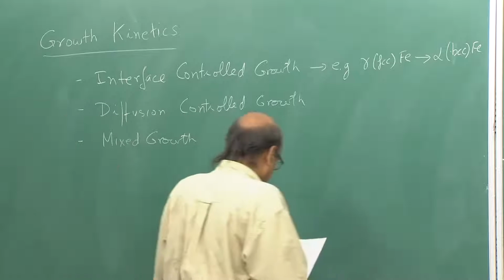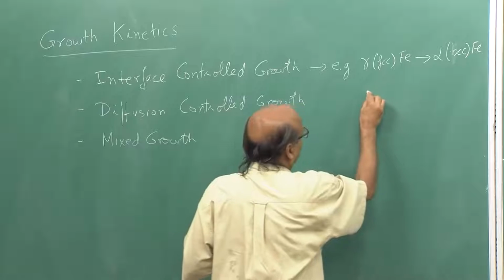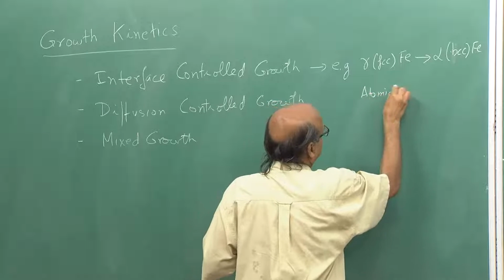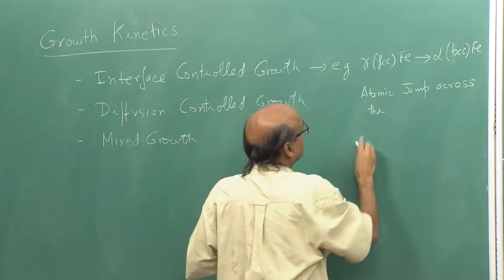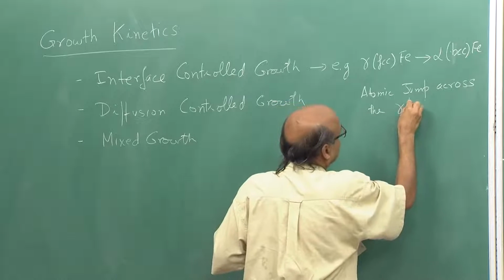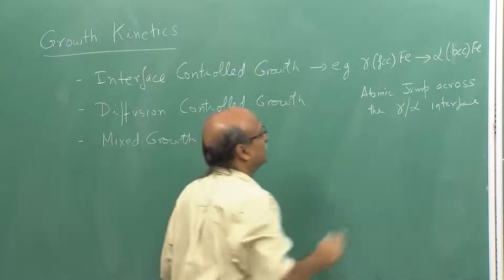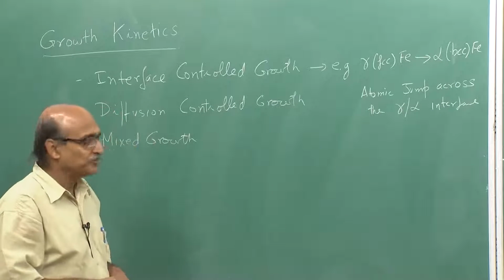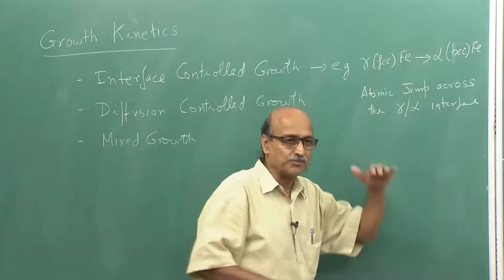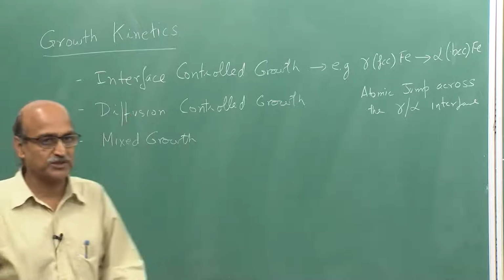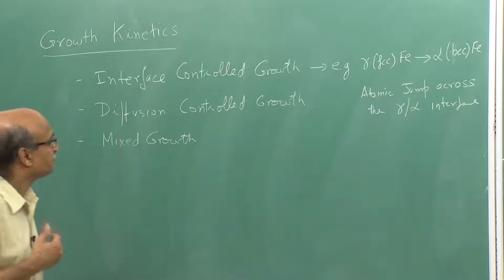So, let us consider that kind of a situation. Now, for the atomic jump in this case across the gamma alpha interface. So, alpha is a stable nucleus that forms in the gamma FCC iron phase when the temperature is below the transformation temperature, which is of the order of 910 degrees Celsius.